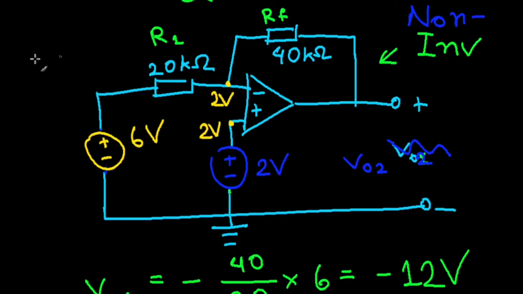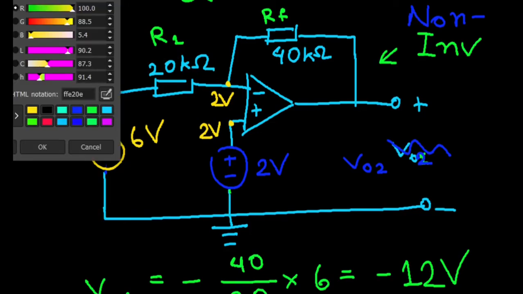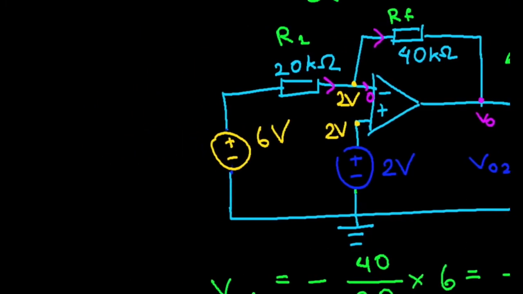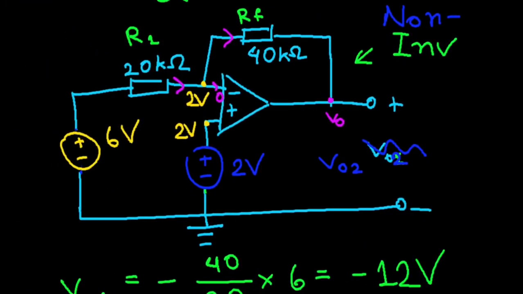Now, if we consider the currents here, it seems like this node might be the most important for us. There's a current entering here, this one is 0, and there's a current exiting here, and this is V output. So the current entering is equal to the current exiting.